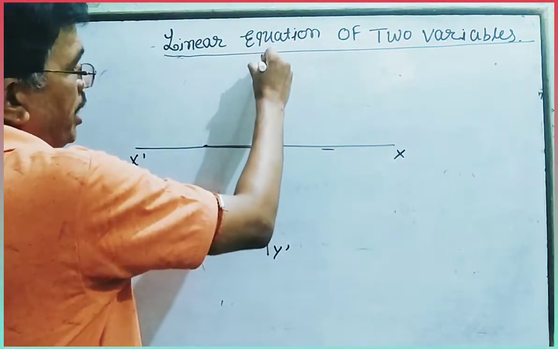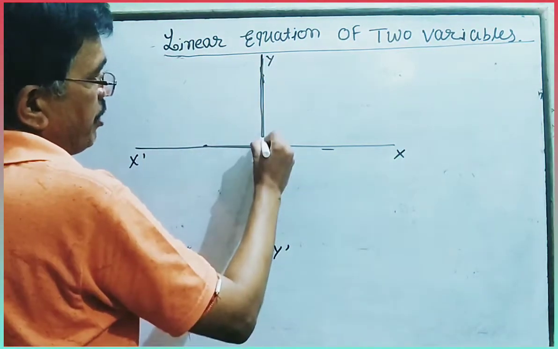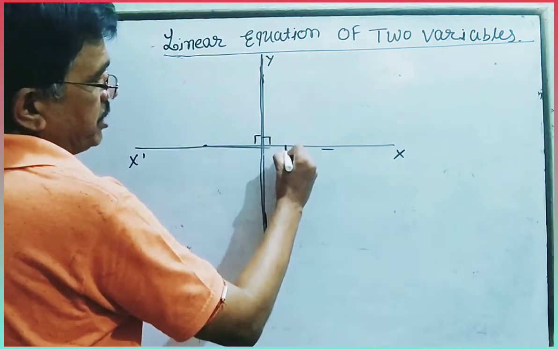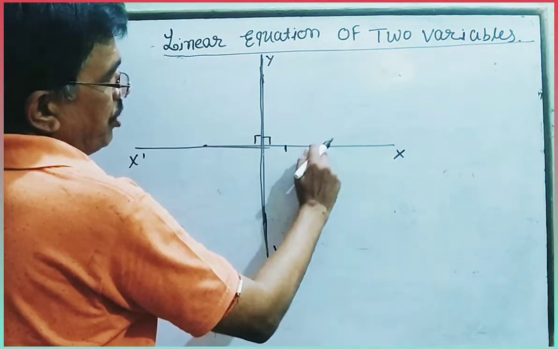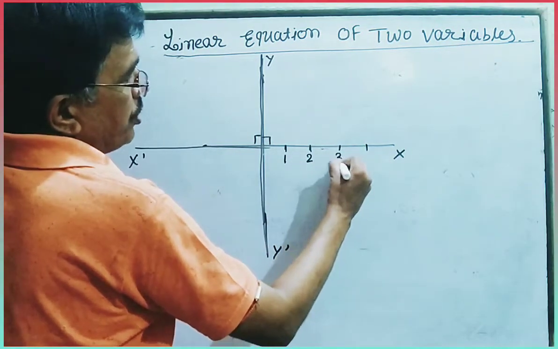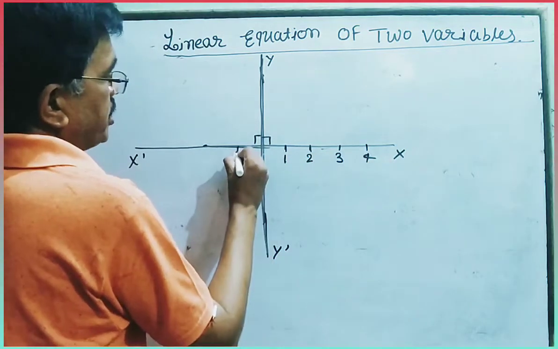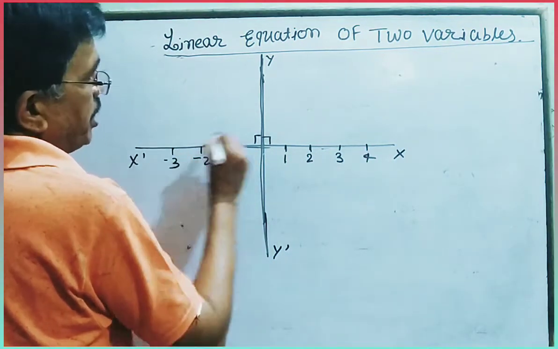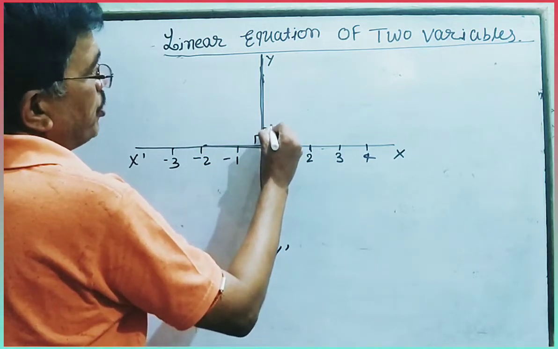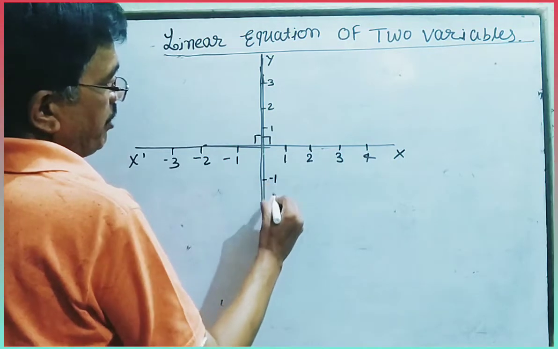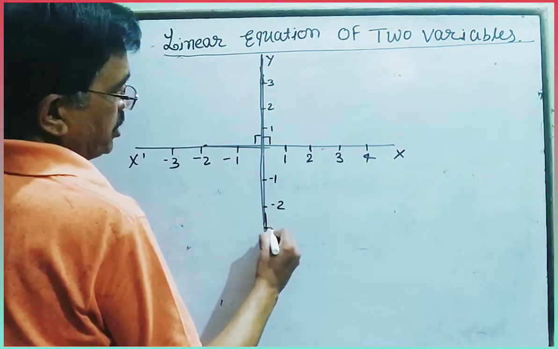Both axes are perpendicular to each other. On the x-axis, this side is always positive, 1, 2, 3, 4, and this side is -1, -2, -3. The upper part of the y-axis is positive, 1, 2, 3, and the lower part is negative, -1, -2, -3.